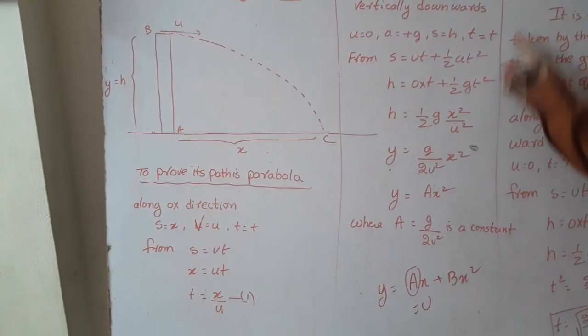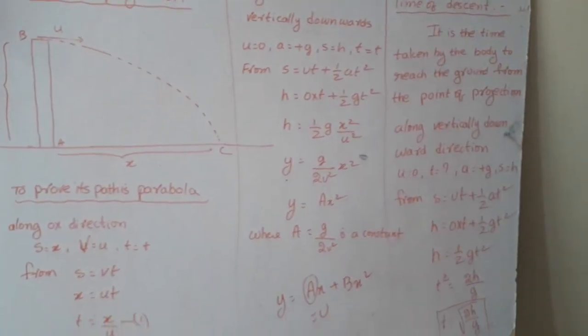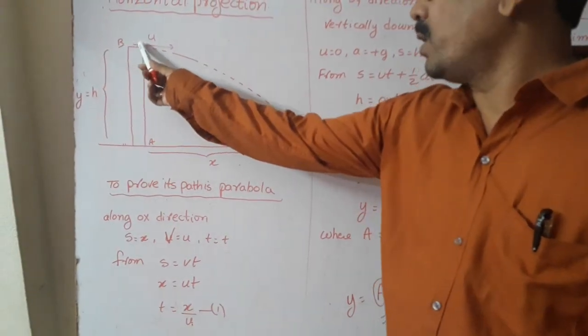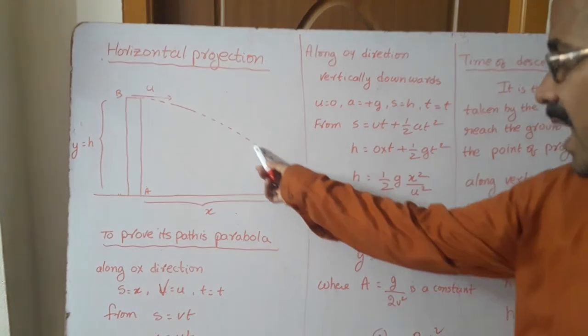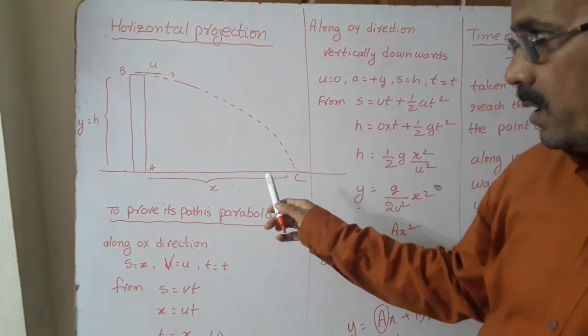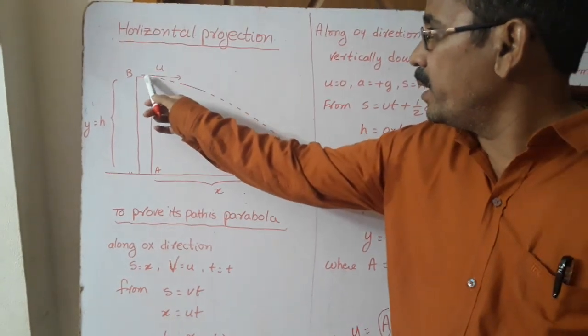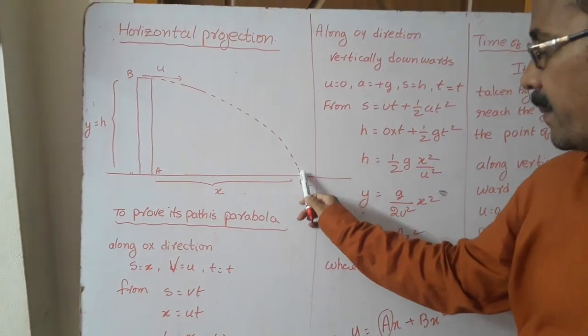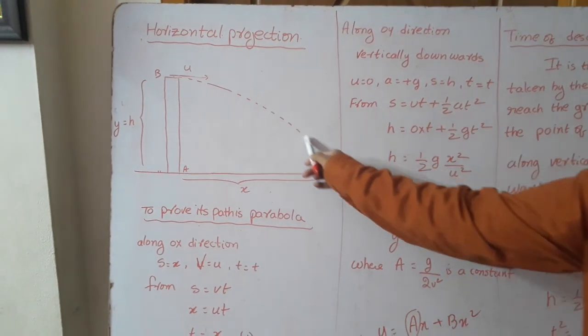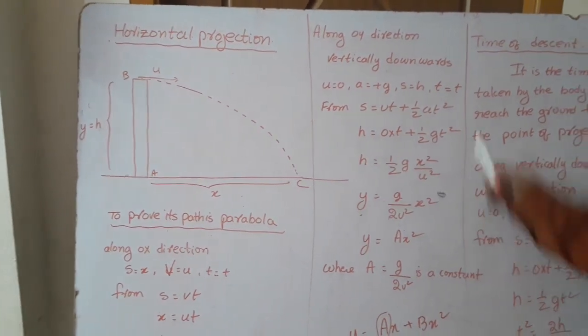Next, I find its time of descent. Time of descent means the total time it travels, called time of flight, or the time taken by the body to reach the ground from the point of projection. I mean time of descent.